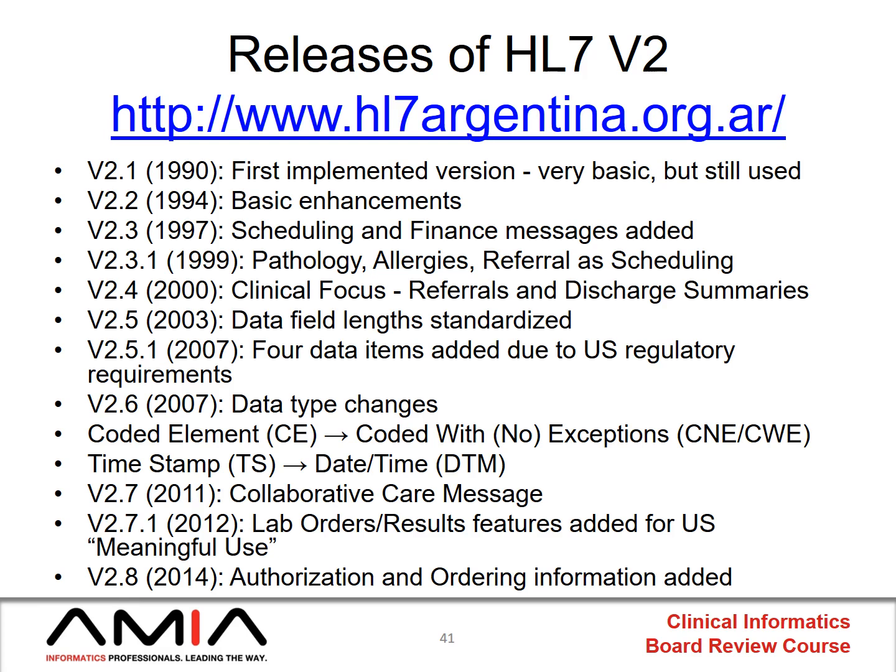Version 2.6 started to change the data types, whereas previously a coded element was now either coded with exceptions or coded with no exceptions, meaning that the element needed to adhere to a specific code standard. Version 2.7 added collaborative care, some additional lab orders and results, and version 2.8 added authorization and ordering information.